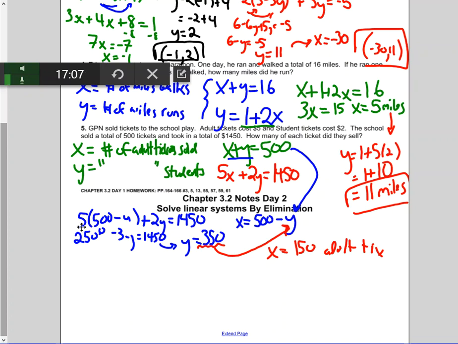And looking back at our prompt, it says how many of each ticket did they sell? Okay, we got the x, 150 adult tickets. Y is 350 student tickets.